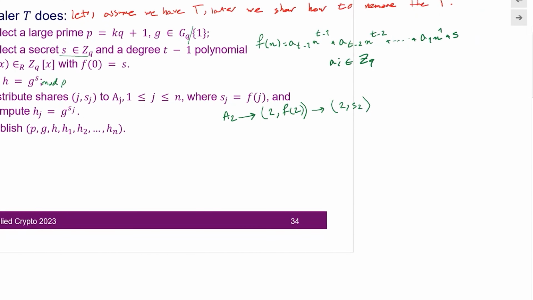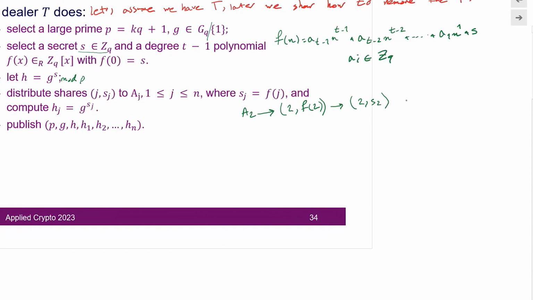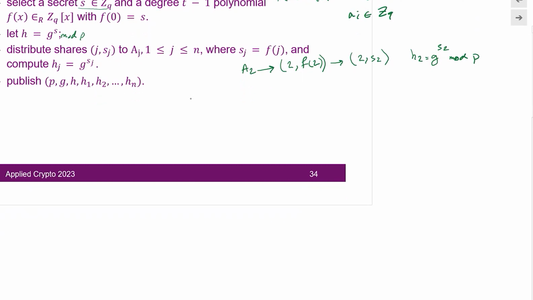And also we are going to compute his public key to be h2 equal to g to the power s2 mod q mod p. At the end, let me be a bit more generic: i, and f of i.